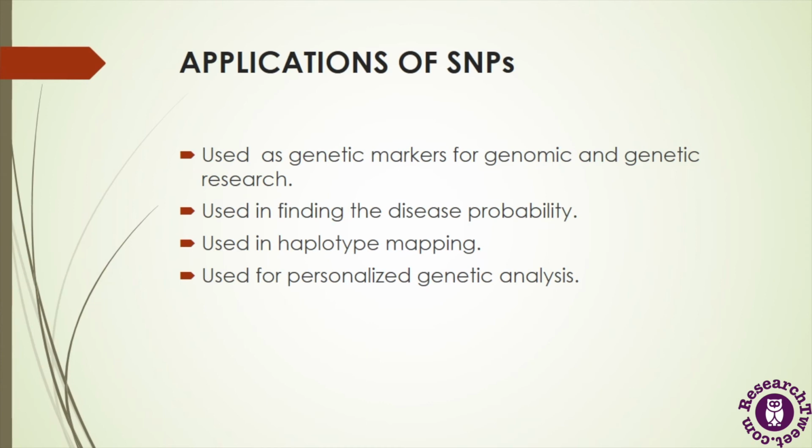They have an association with several genetic variations, because several genetic diseases are caused by genetic variations or point mutations in the organism. With the help of these SNPs, through genetic marking, these can be found out. Another use of SNPs is personalized genetic analysis, where the genetic analysis of a person can be performed with the help of single nucleotide polymorphisms.